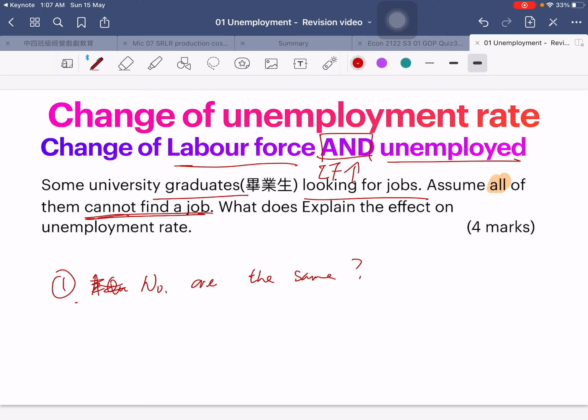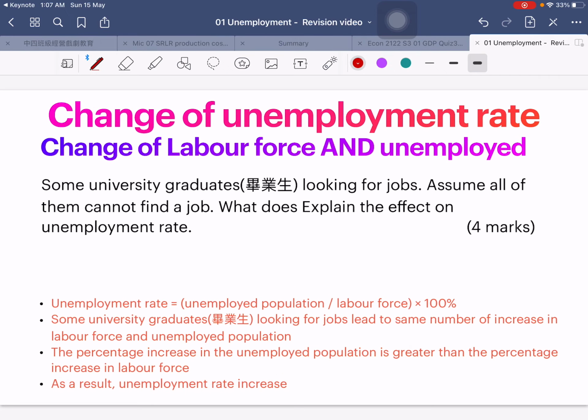If it is 10 graduates, then 10 of them will be unemployed, so they will be the same. So we know that unemployed increases together, increased by 10.